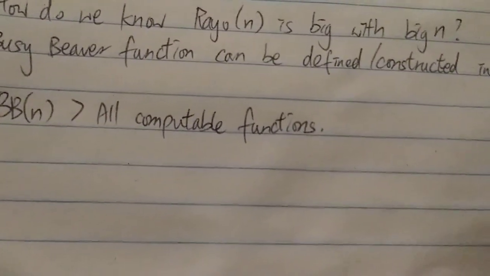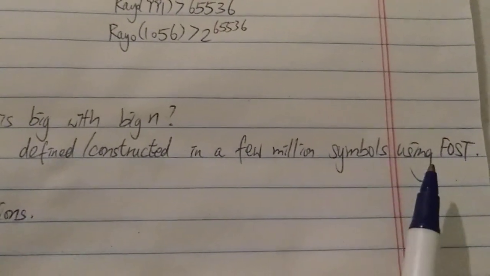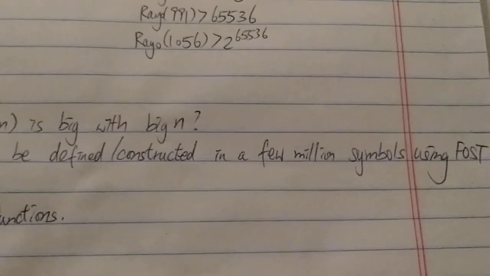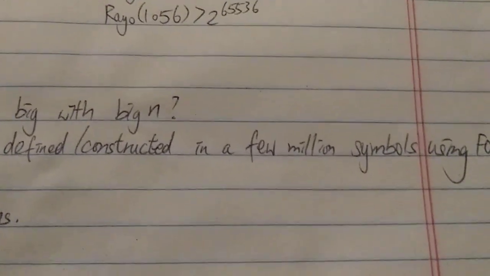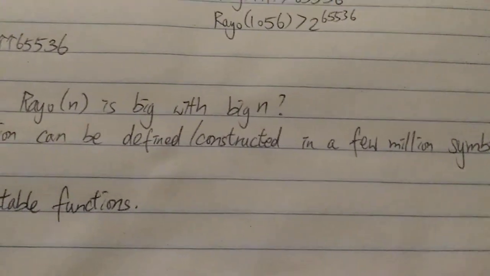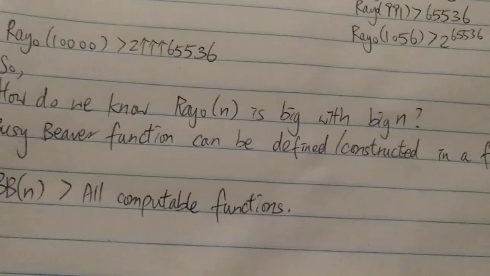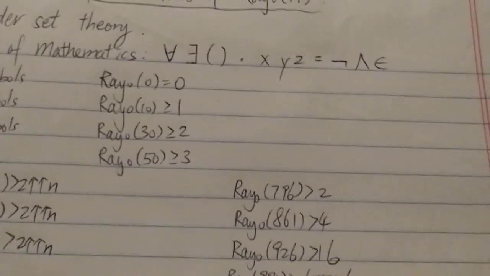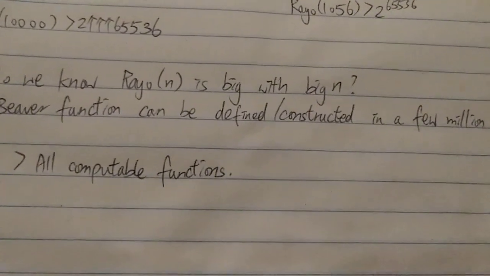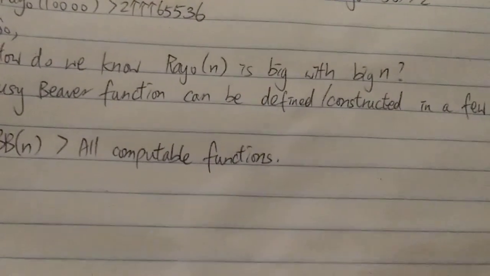And what it means is that if you can define the busy beaver using a few million symbols, in other words, if you are allowed to use more than a few million, let's say 10 million or 100 million symbols, that means you can create a function that is way more powerful than the busy beaver function. And of course, Rayo's number is Rayo with a googol symbols, and a googol is way bigger than a million or 10 million or even a billion.